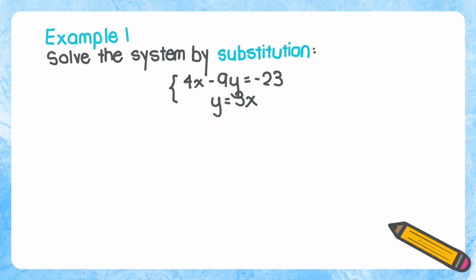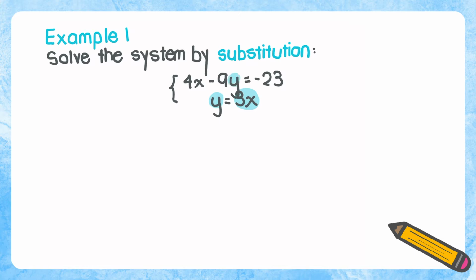For our first example, we have the following system. 4x minus 9y equals negative 23, and y equals 3x. Since we're using substitution, we're going to be replacing certain parts. We have y equals 3x.